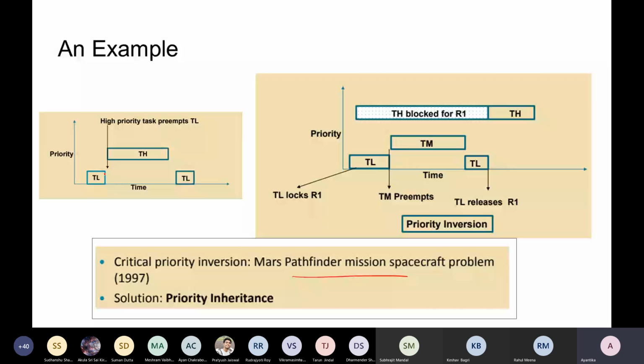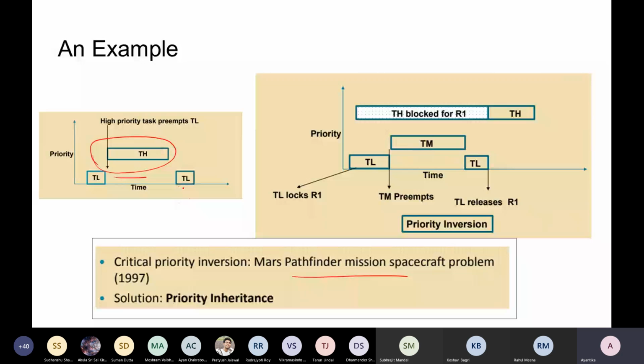That means when there are multiple low priority tasks, they can execute one by one. But when any high priority task comes into the picture, that high priority task can preempt the low priority task, and this low priority task should wait for the completion of the high priority task, then it will start the execution. So this is the general concept.